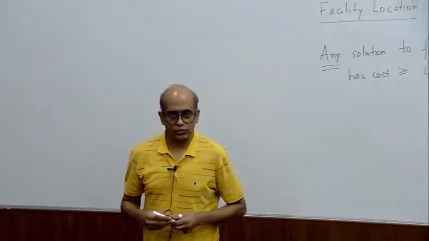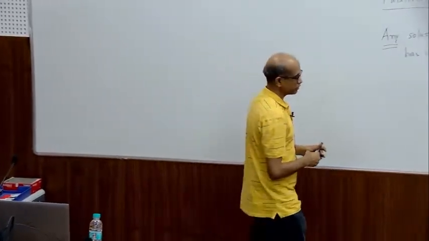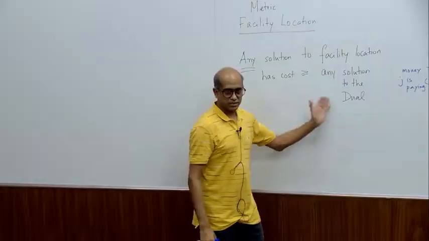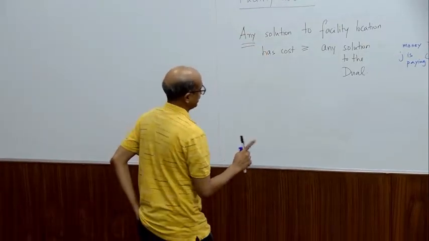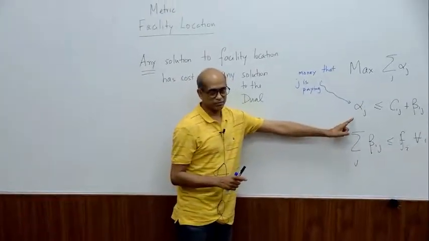So let's prove this. It follows from how you write a linear programming dual, but let's see it. The interpretation you have to keep in mind is always that alpha_j is some sort of money I am paying.